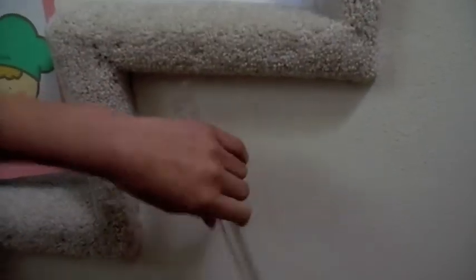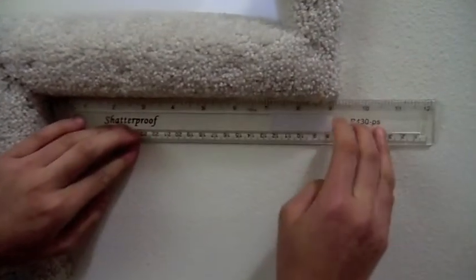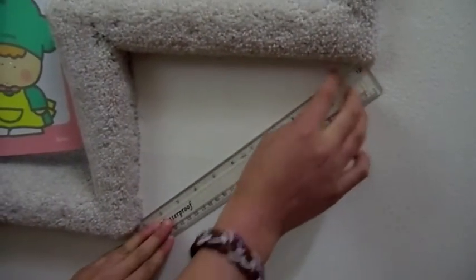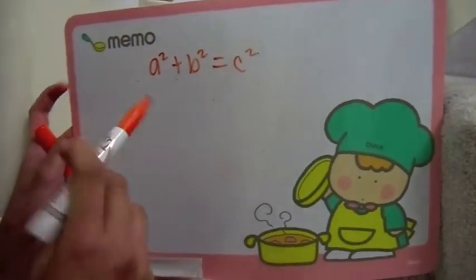So, side A is 7.5, right there, and side B is 9. Now we're trying to find the measurement of side C. The Pythagorean Theorem is a squared plus b squared equals c squared.